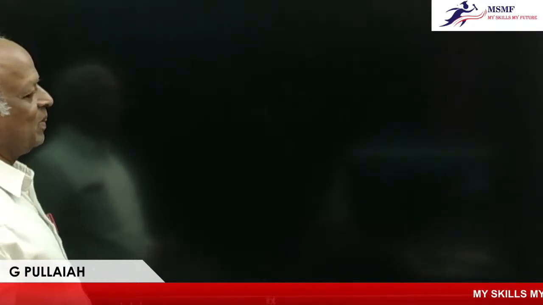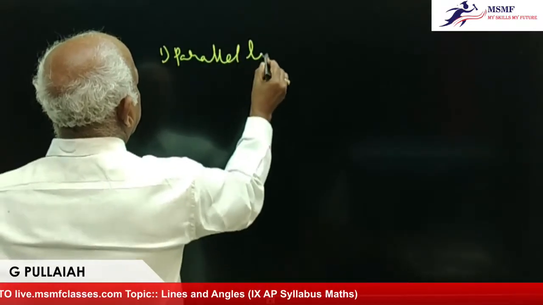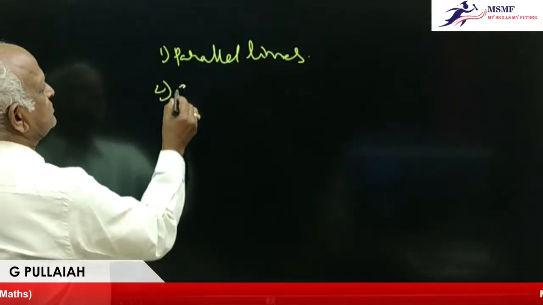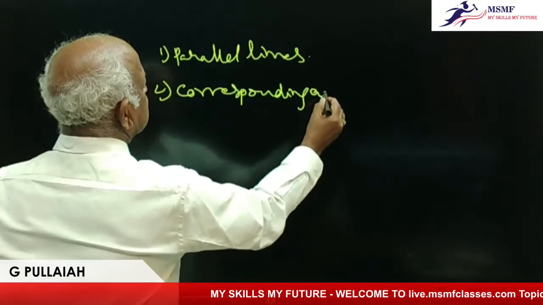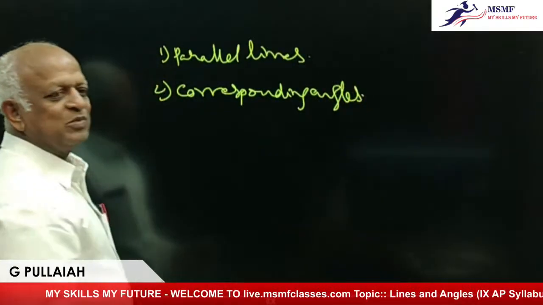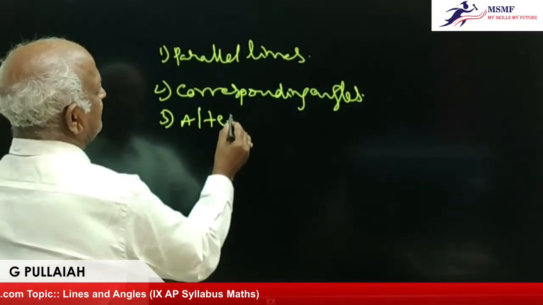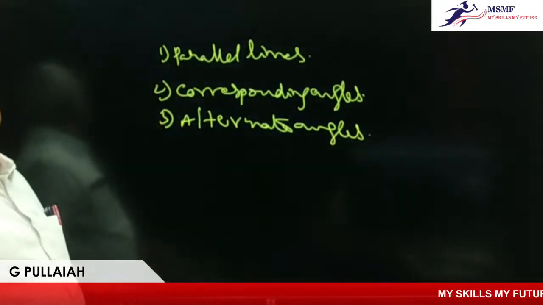Yesterday we learned about the basic concepts of lines and angles. Here we talk about parallel lines. When we talk about corresponding angles, we talk about alternate angles.